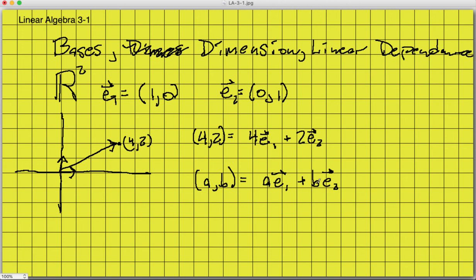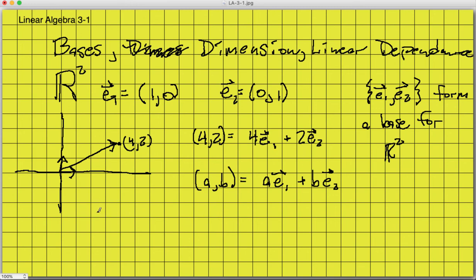Now, what we're going to say over here is that the set, and remember these are vectors, so we draw arrows over them, these form a basis for R2. And what does that mean? It means a couple of things.